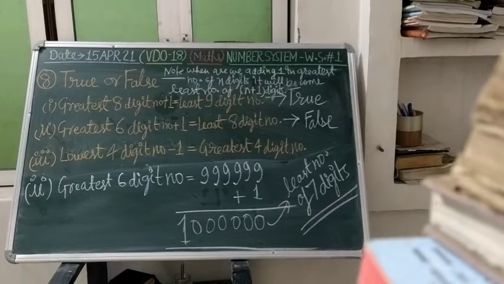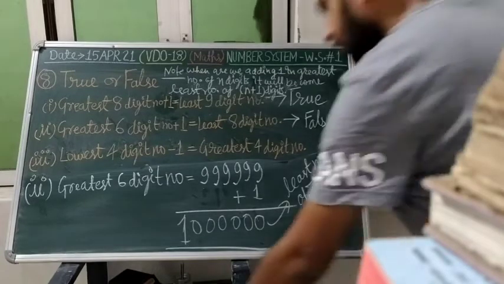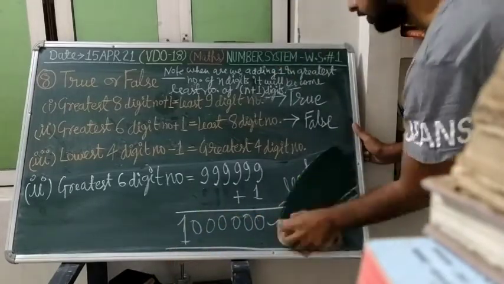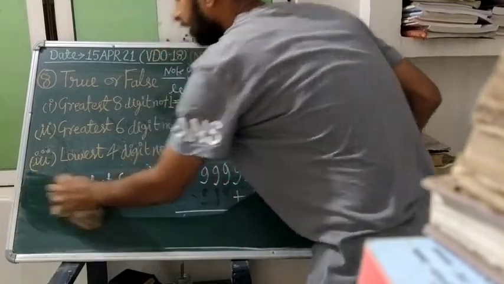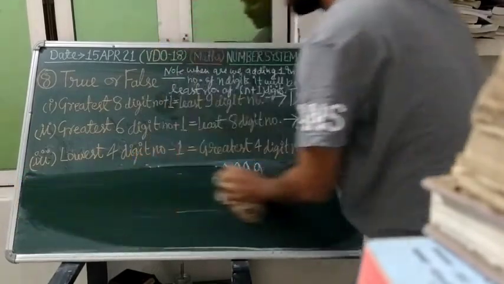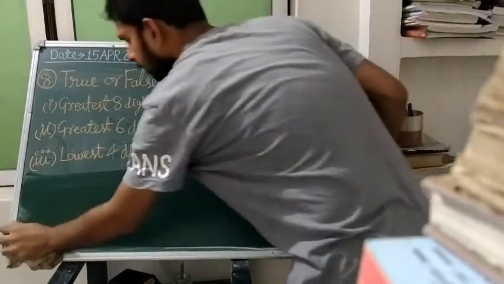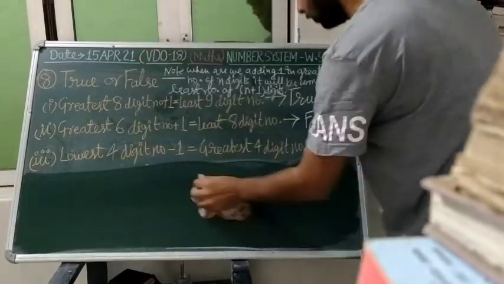No, greatest number of 6 digits plus 1 will become the least number of 6 plus 1, 7 digits. Getting? You can slow down the video and write whatever I am speaking. I think only this much help I can do.